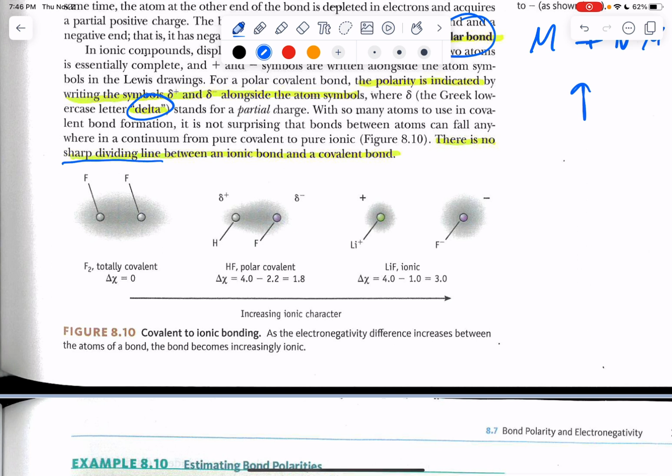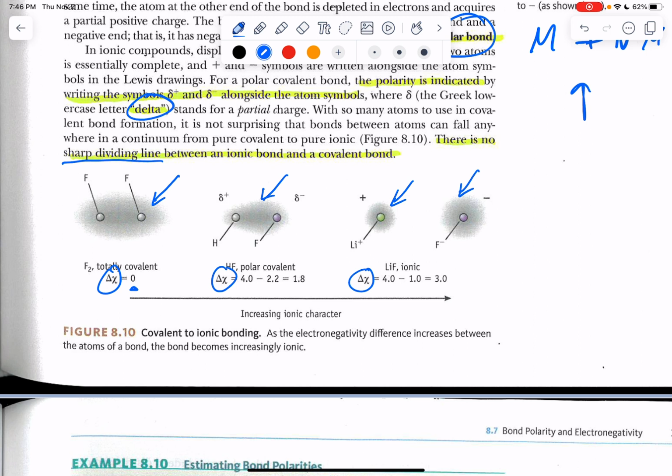Also, you should notice in this particular page that we use this shading here to show the regions where the electrons are likely to be. And here's my way of denoting the change in electronegativity from the chart. If that change is 0, that's only because the 2 atoms are identical.